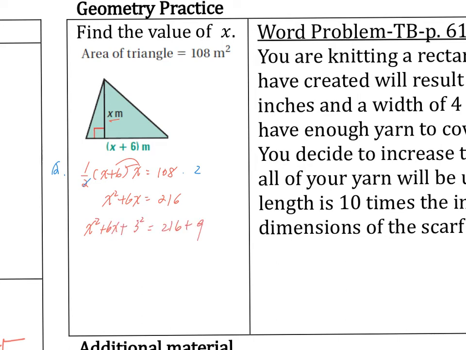So add 3 squared, or 9, to both sides. This would be 225. Square root. So this will be equal to either negative 18 or 12, but there's no such thing as a negative length, so the answer is 12 meters.